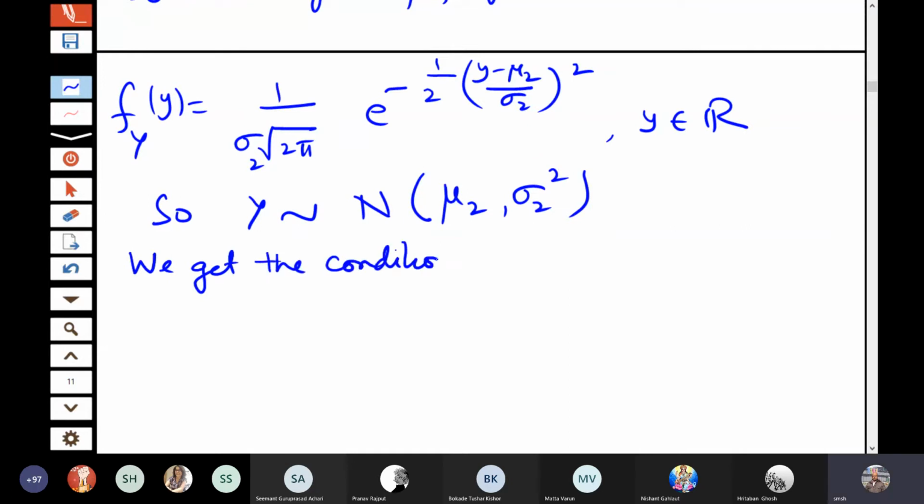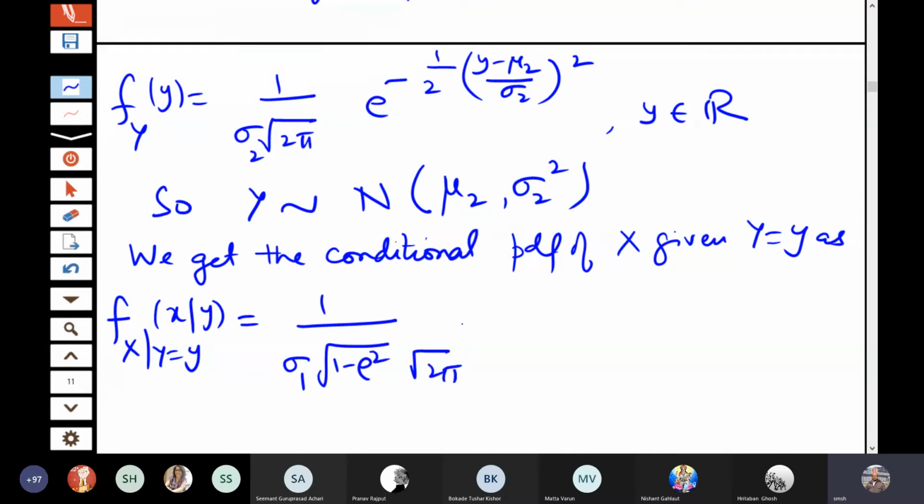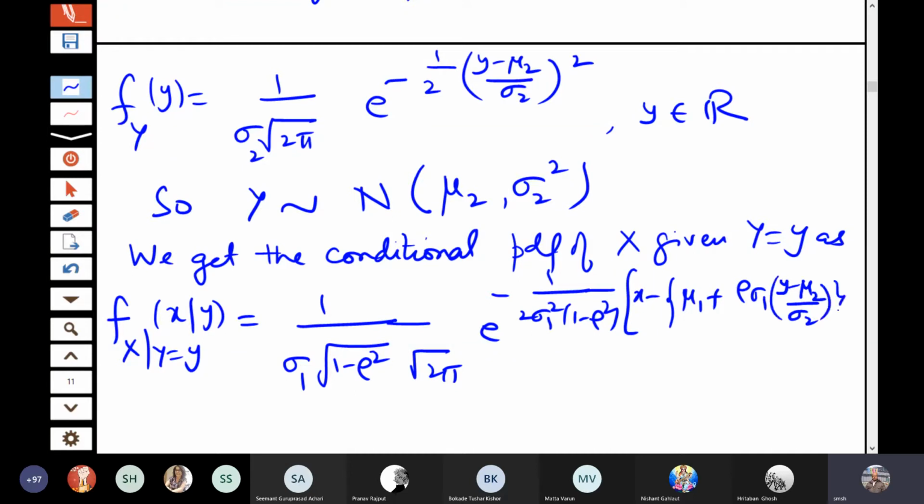We get the conditional PDF of x given y as 1 by sigma 1 root 1 minus rho square root 2 pi e to the power minus 1 by 2 sigma 1 square (1 minus rho square) times (x minus mu 1 plus rho sigma 1 (y minus mu 2) by sigma 2) whole square.